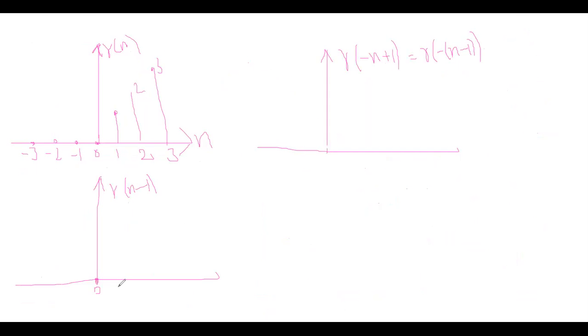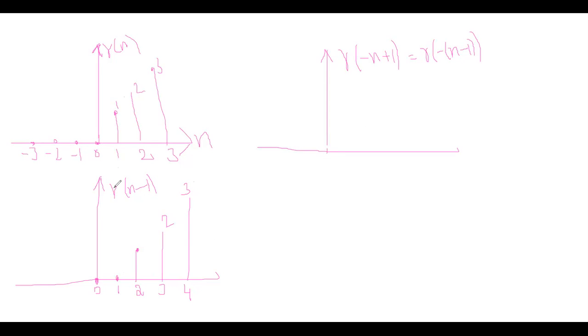Minus 1 is a 0, 0 is a 0, 1 is also 0, 2 is 1, and 3 is a 2, and 4 is a 3. So one sample moves towards the right side, r of n minus 1.